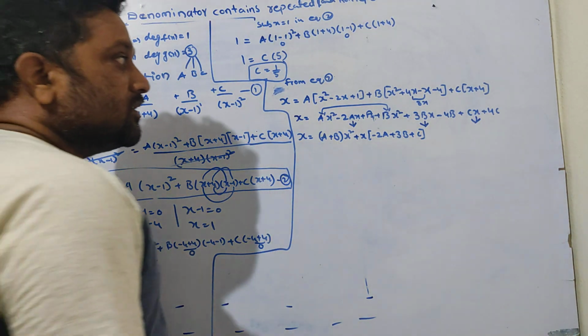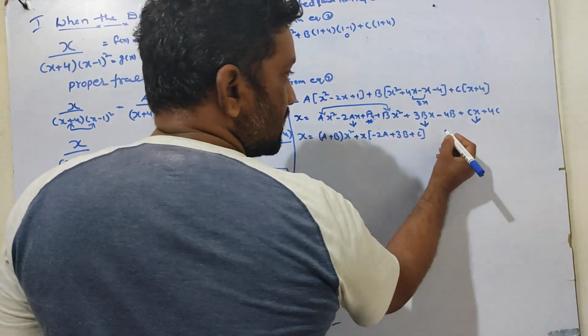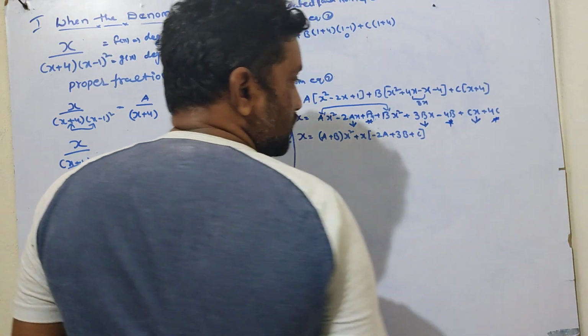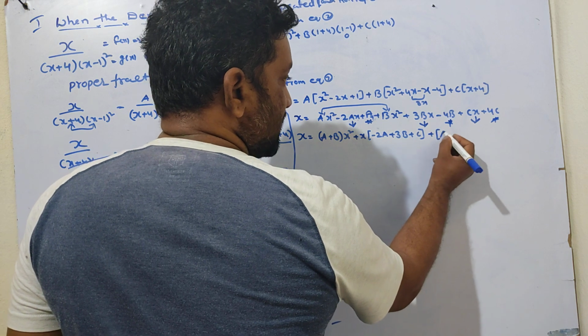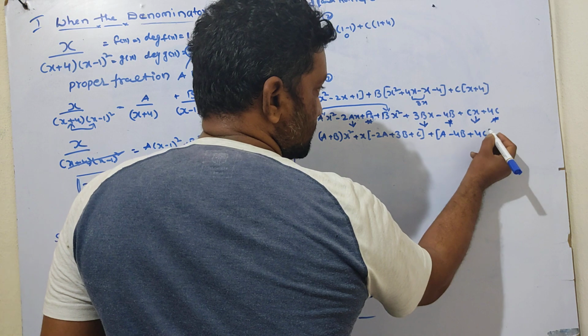Next, we have to write the constant terms. Constant terms are a, minus 4b and 4c. That is plus of a minus 4b plus 4c.